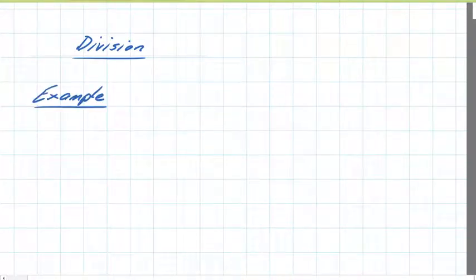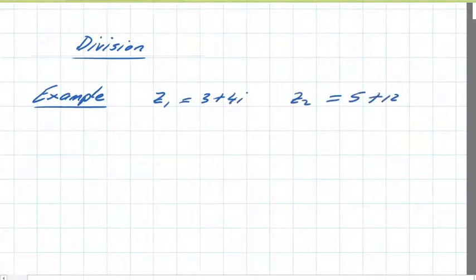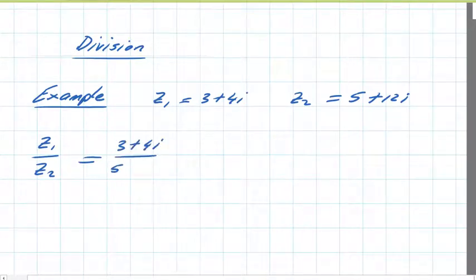Take two numbers like z1 equals 3 plus 4i, z2 equals 5 plus 12i. And we're going to divide them this time. z1 divided by z2 is equal to 3 plus 4i divided by 5 plus 12i.